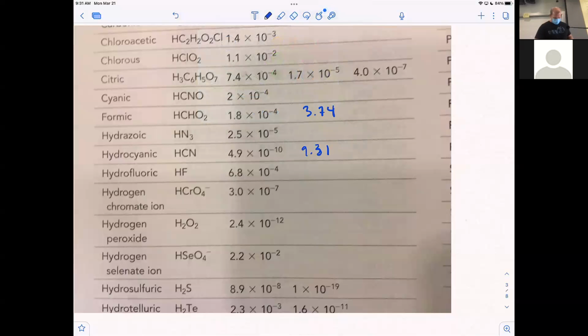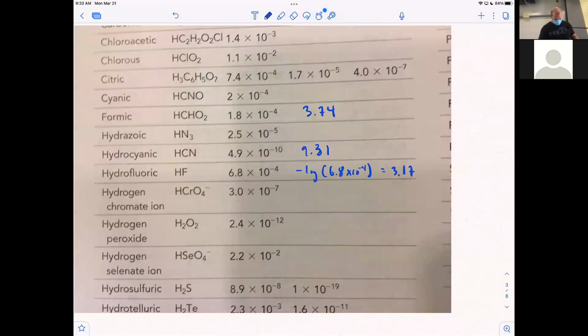And I'll do hydrofluoric acid. I'm just doing minus log of 6.8 times 10 to the minus 4. So this is going to be equal to 3.17.